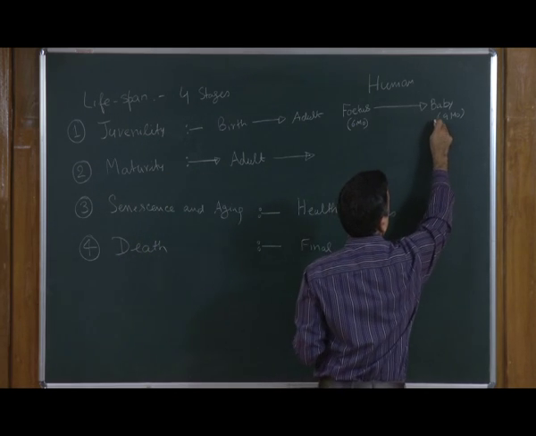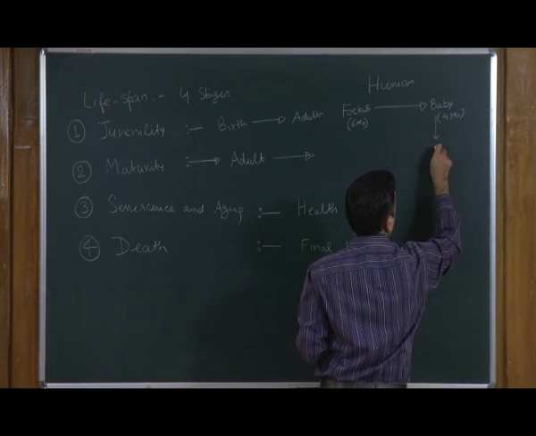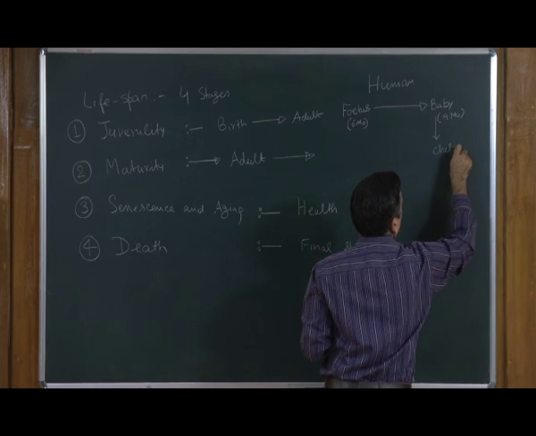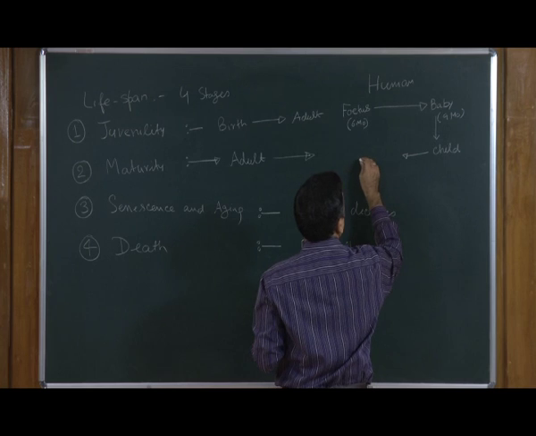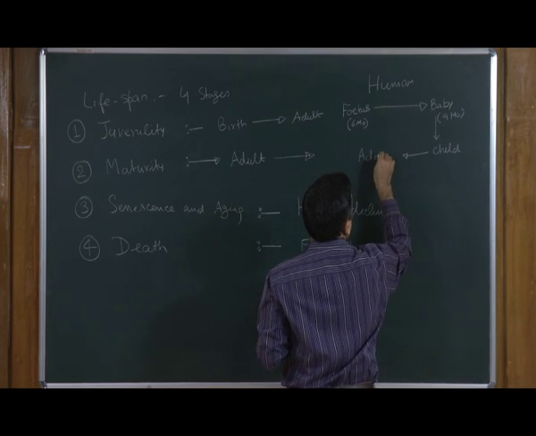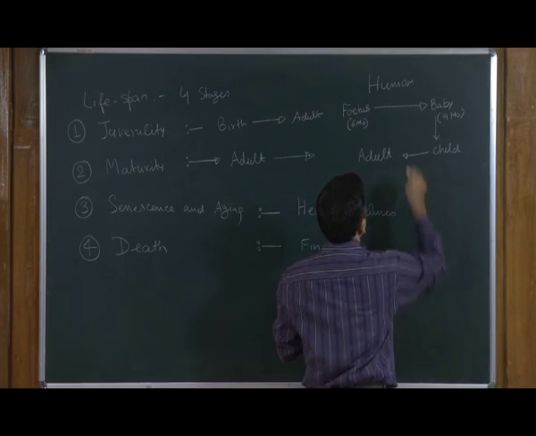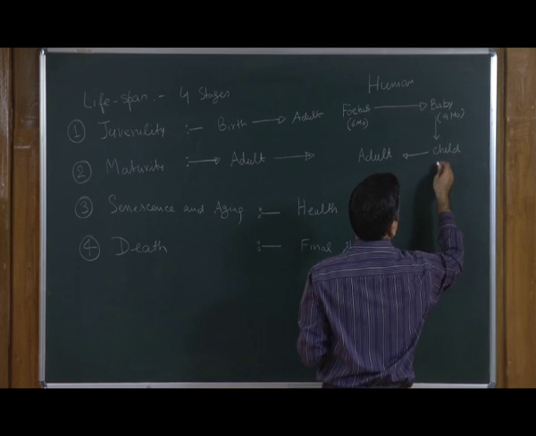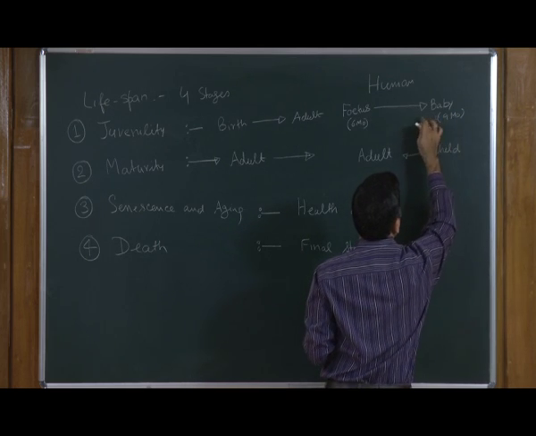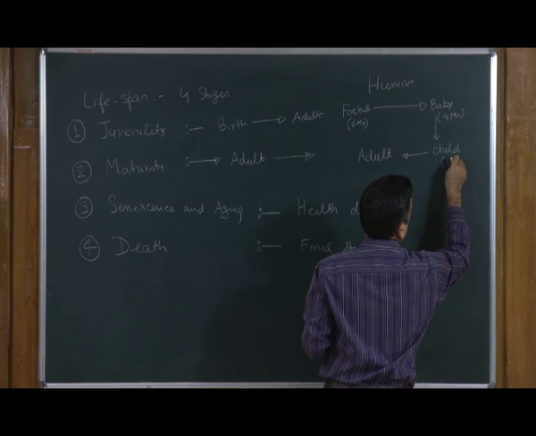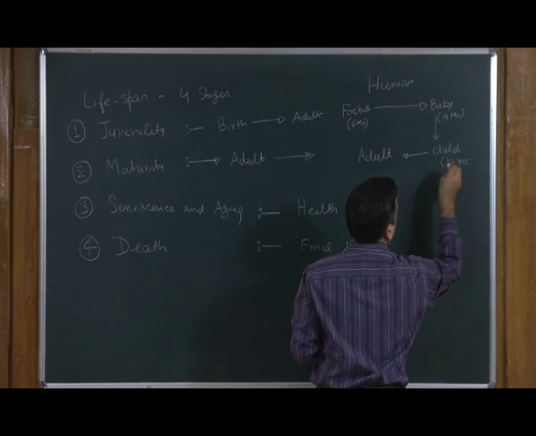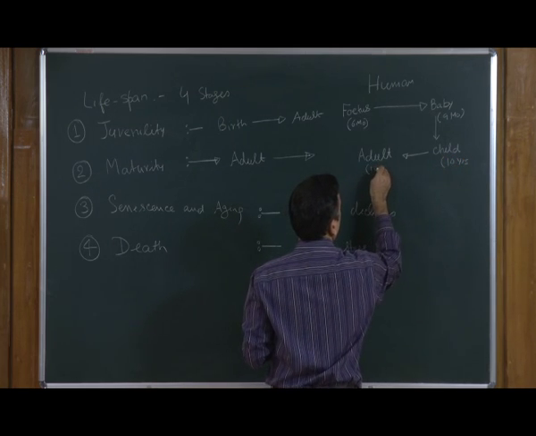Then this baby grows, becomes a child, and that child grows and becomes an adult. Okay. So, this whole phase is like 9 months, and then it passes, and then this becomes maybe 10 years, and then this is actually 18 years.